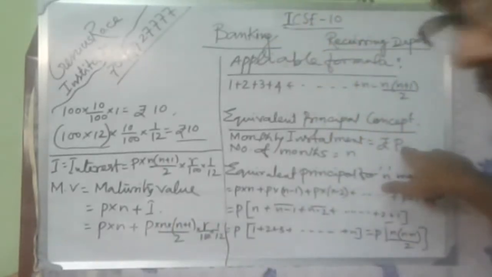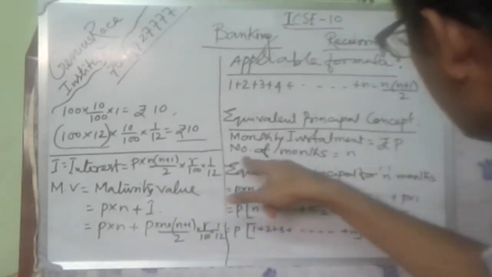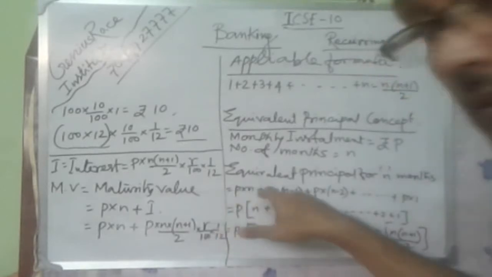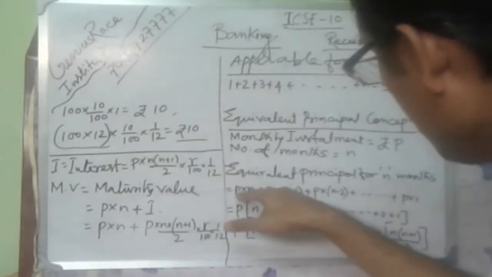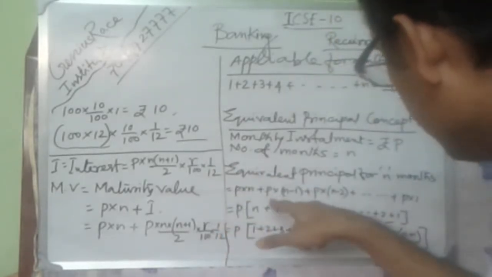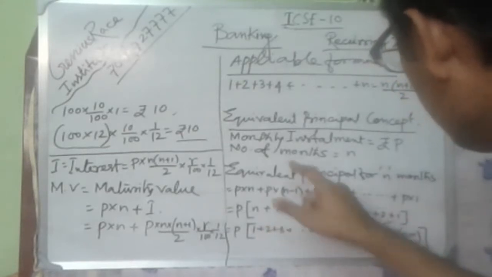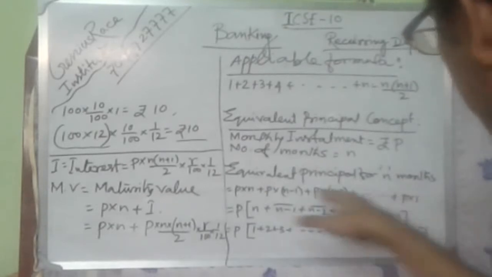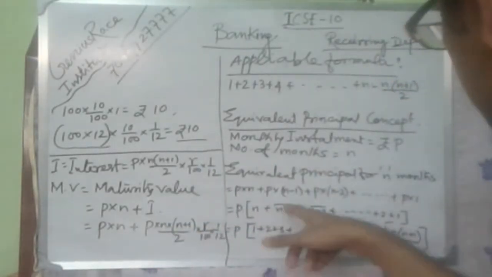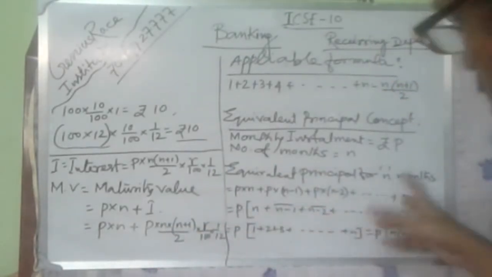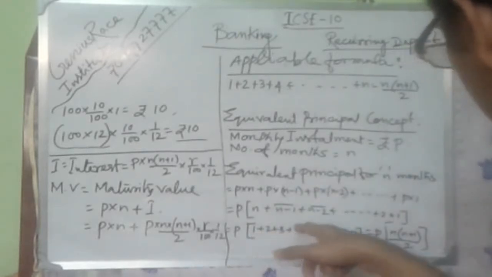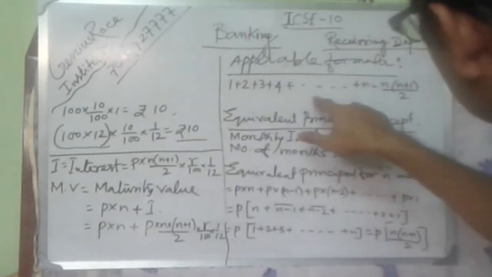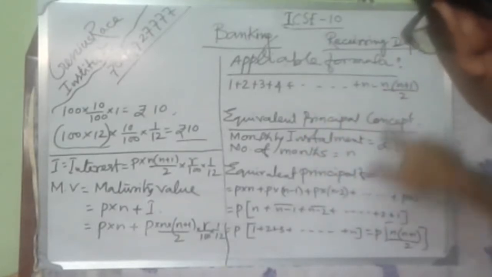So if I formulate this, P is my installment, N is my number of months, therefore the equivalent principal for the first installment will be P into N, for the second it will be P into N minus 1, for the third P into N minus 2, and so on. If I take P as common, it will be N plus N minus 1, N minus 2, and so on up to 1. Just reverse it. So 1 plus 2 plus 3 up to N.